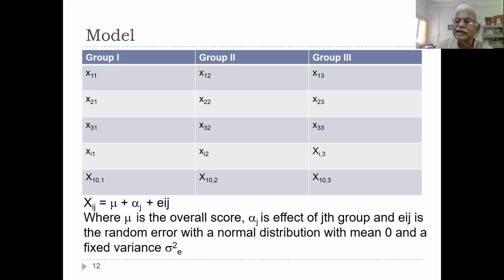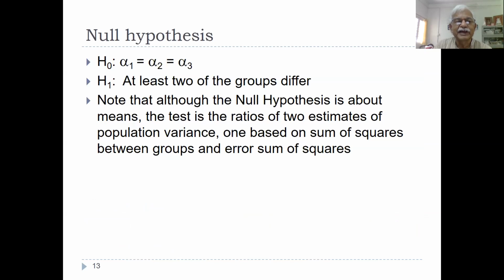If there is heteroscedasticity, or if the variance of the error term varies according to values of the observation, then we will have to make some correction in the application of ANOVA.